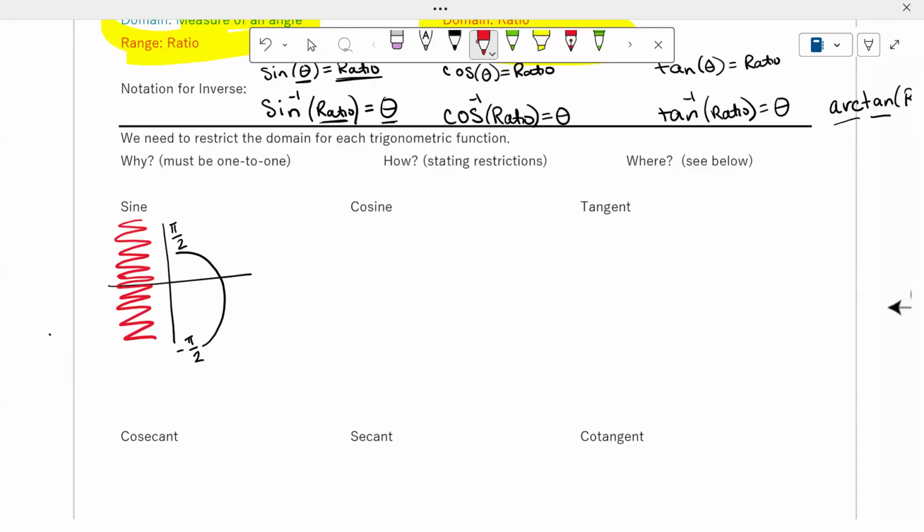The ratios go from -1 to +1. Okay, so let's write that.